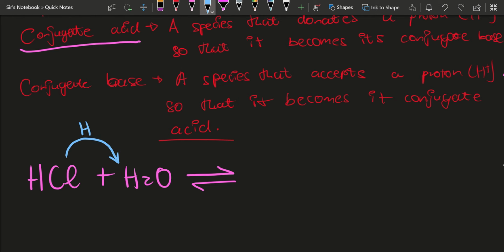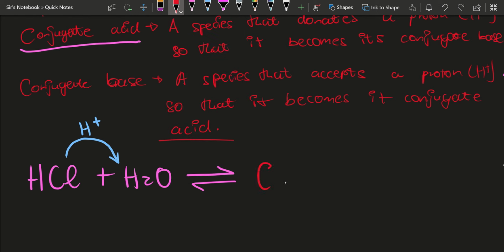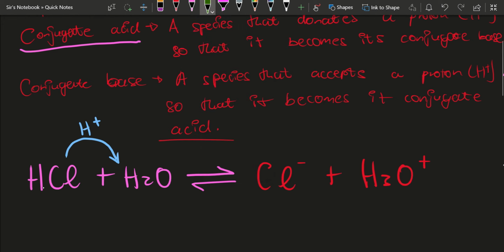And we end up with Cl minus plus H3O plus. So we have HCl reacting with water to give us Cl minus plus H3O plus. In this particular case, HCl is our acid, and water becomes our base.